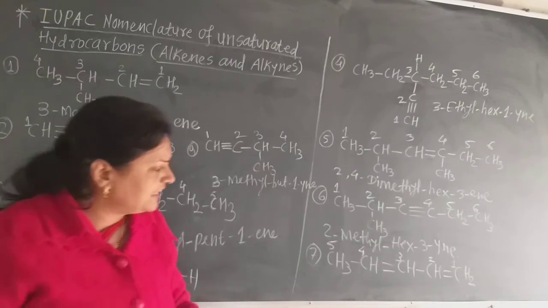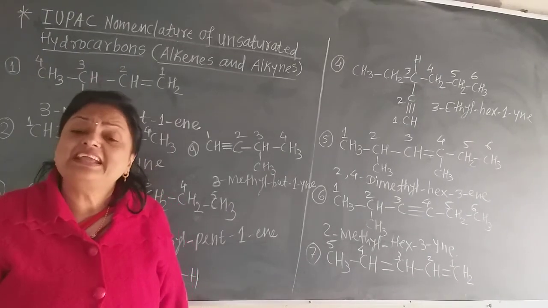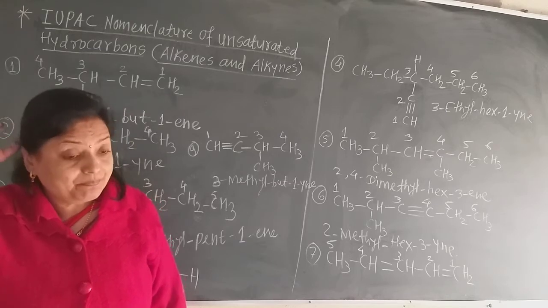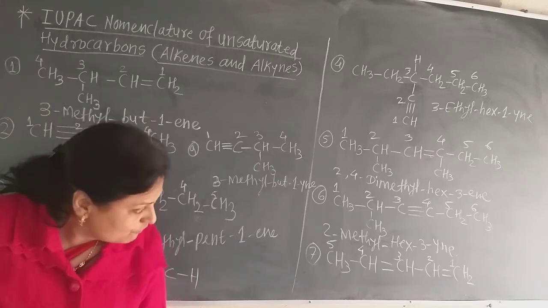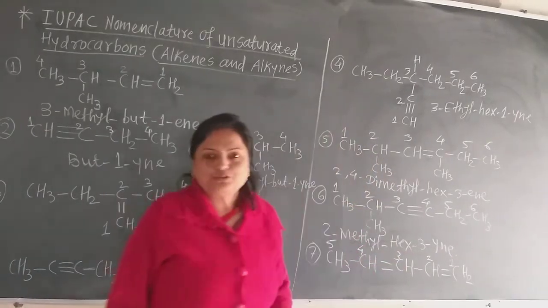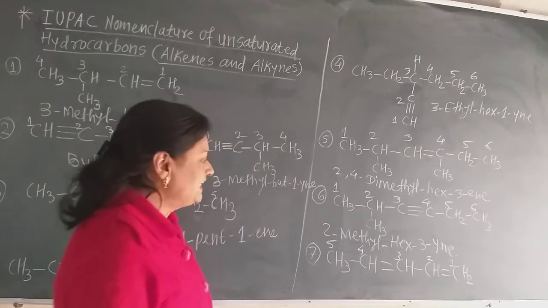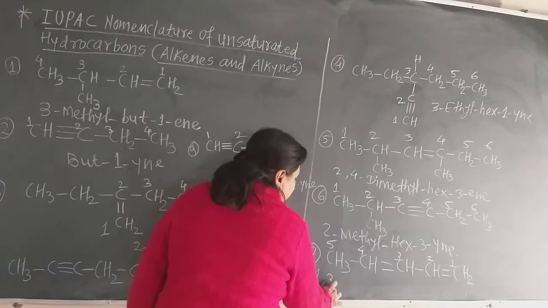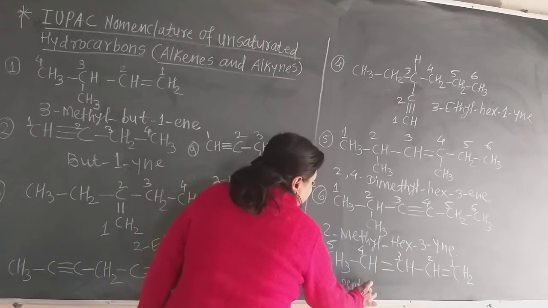Now in the chain there are 5 carbons, so it is pentadiene. But which pentadiene? The first and third carbons have the double bond, so it is 1,3-pentadiene.